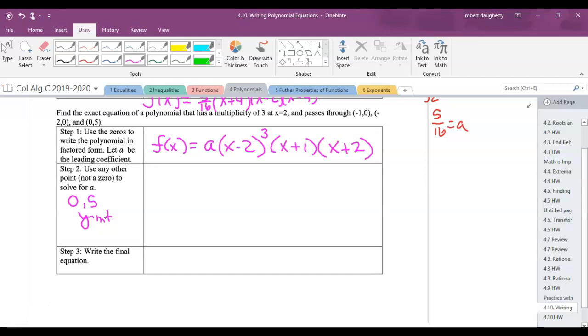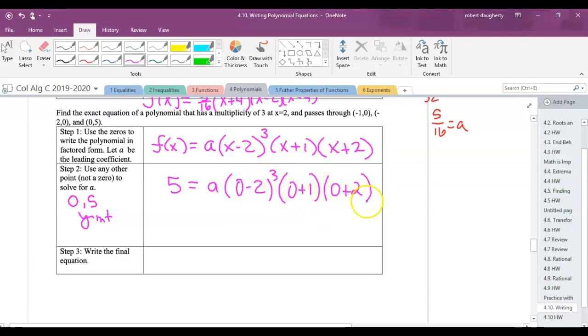So this tells me that 5 has to equal a times (0 minus 2) cubed times (0 plus 1) times (0 plus 2). So 5 is equal to a times negative 8 times 1 times 2. That's what, negative 16? 5 equals negative 16a. So what is a?